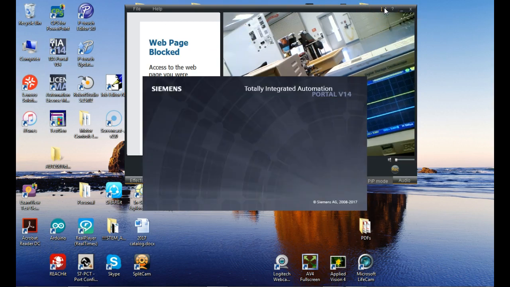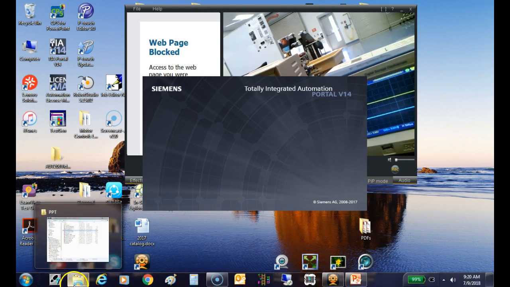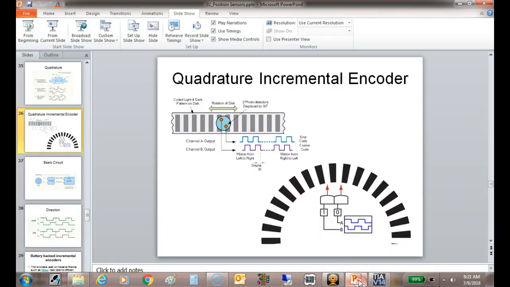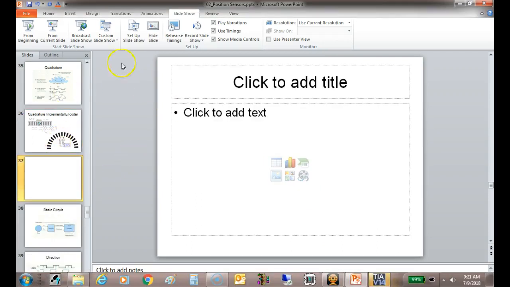So if I wanted to get the position, for every revolution, we get 2,100 pulses per revolution.